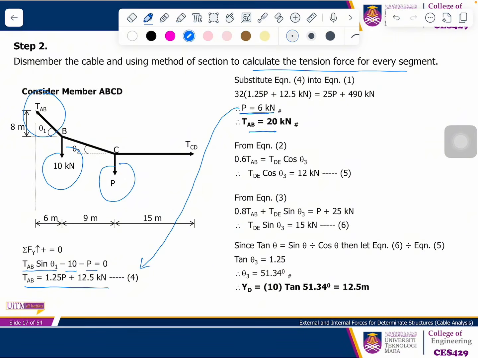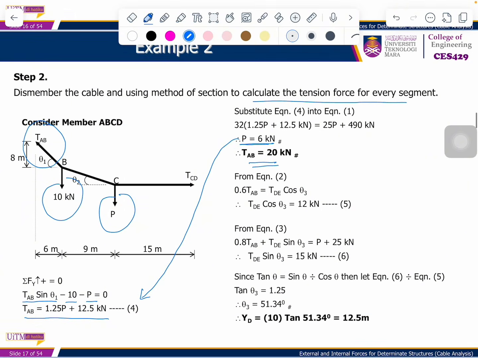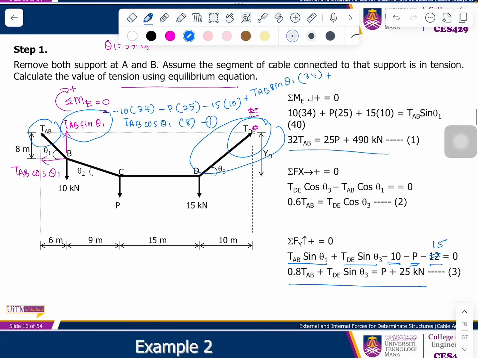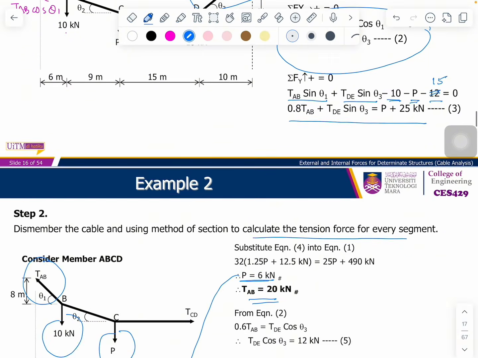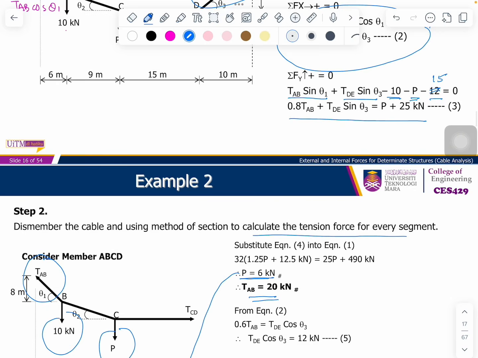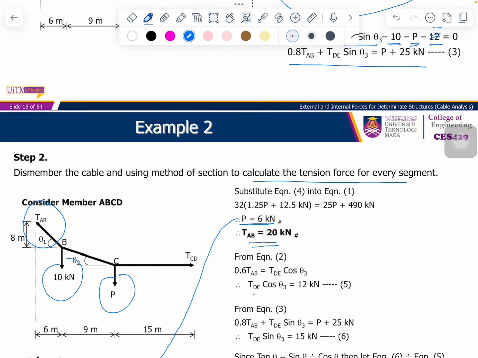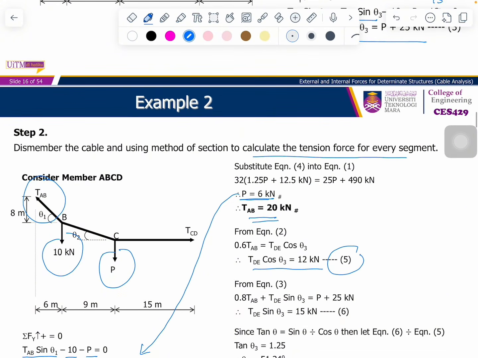Tension for segment AB equals 20 kilonewton. And from equation 2, 0.6 TAB equals TDE cos theta 3. You put the value of TAB into equation 2, and finally TDE cos theta 3 equals 12 kilonewton. We assume this as equation 5.